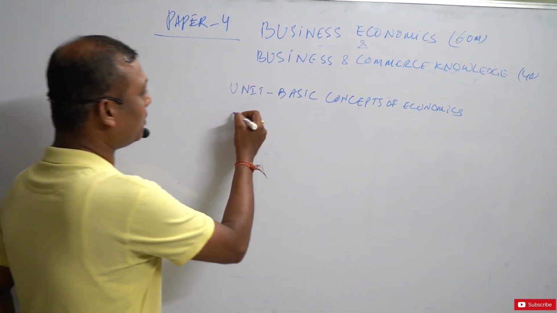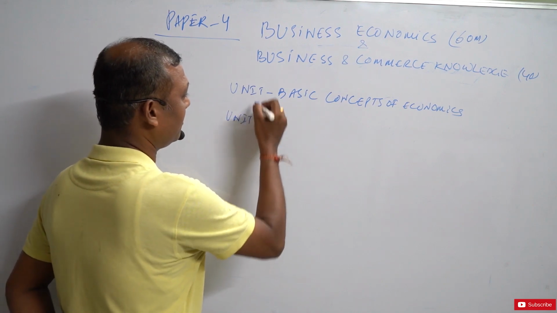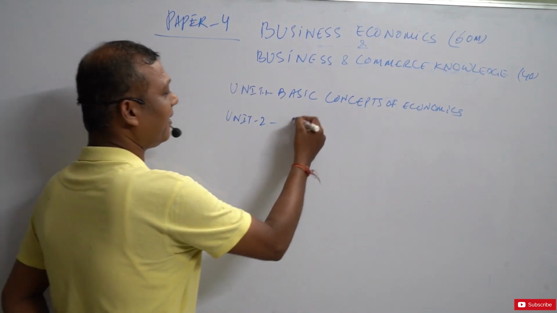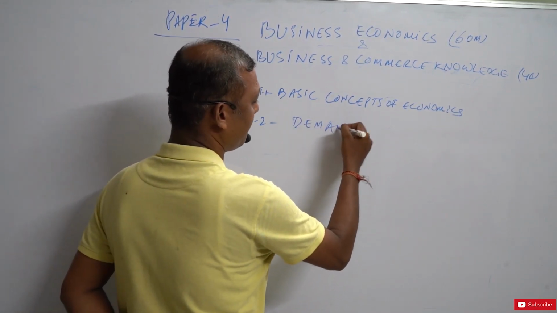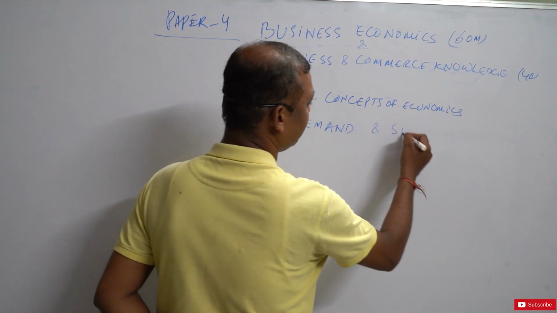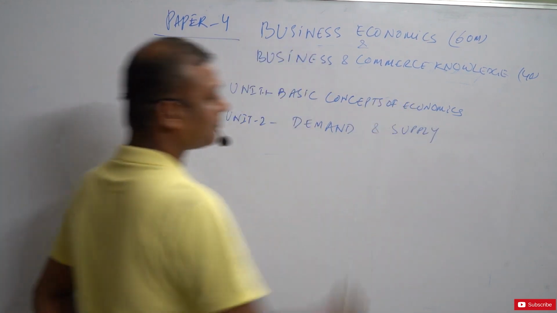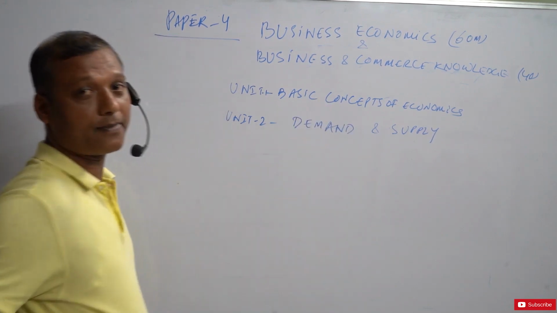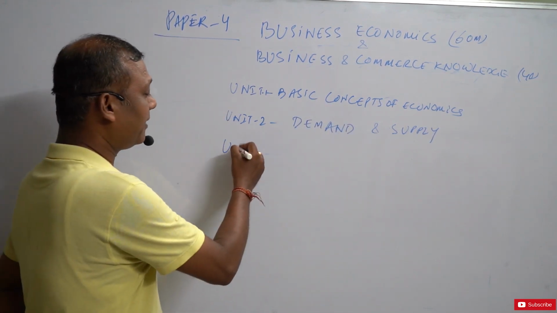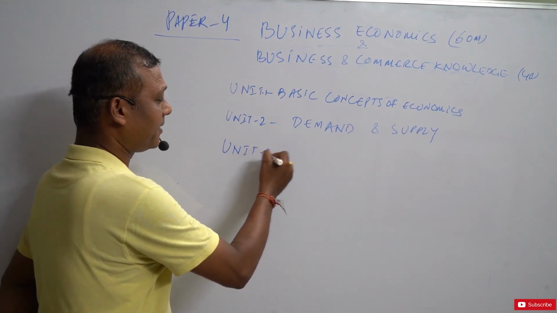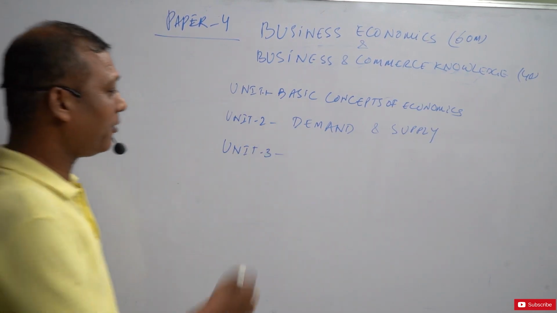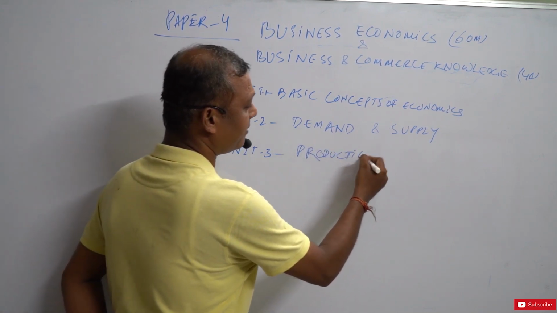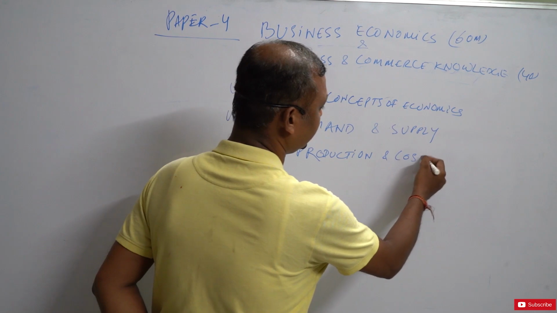When you come to Unit 2, it will be the chapter of demand and supply. This is your Unit 2, demand and supply. Then Unit 3 is all about the chapter of production and costs.